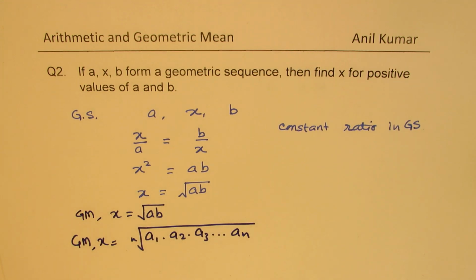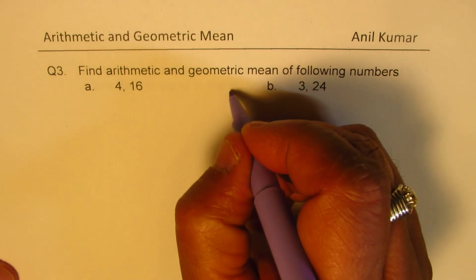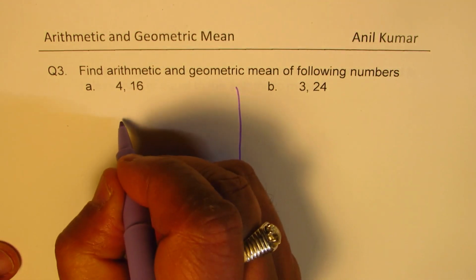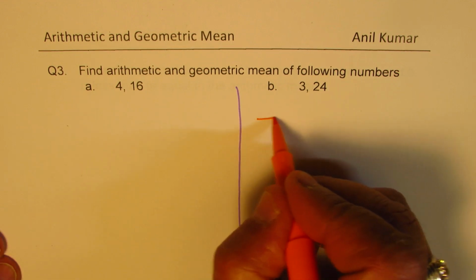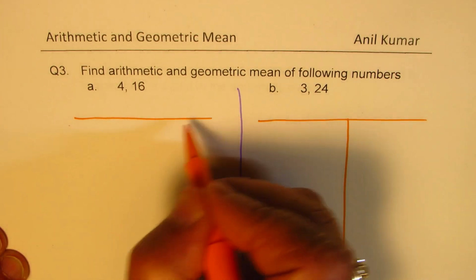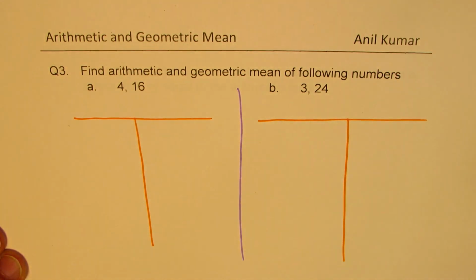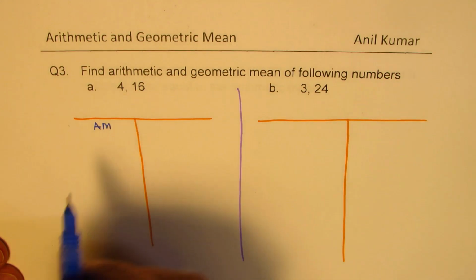Now based on this, let's have a very simple question, which is to find the arithmetic mean and geometric mean for the following numbers. Okay, so let's find both arithmetic and geometric mean for these numbers. You can always pause the video, answer this question, then check with my solution. Okay, so let's do the arithmetic mean of these two numbers.